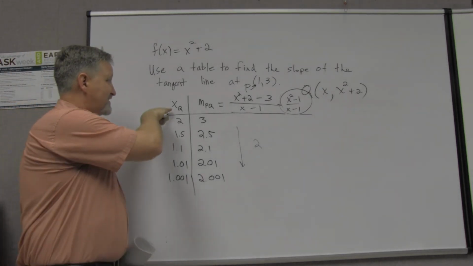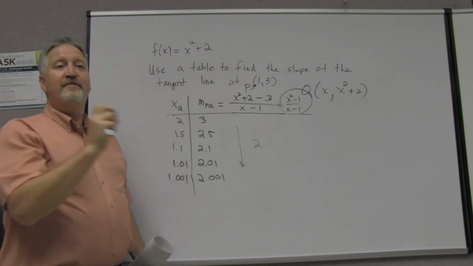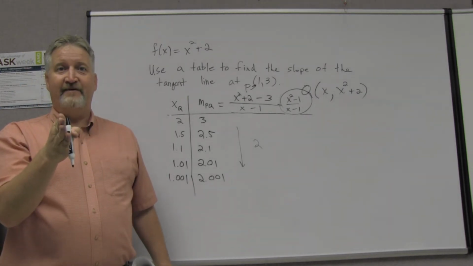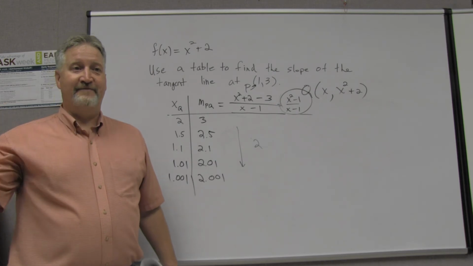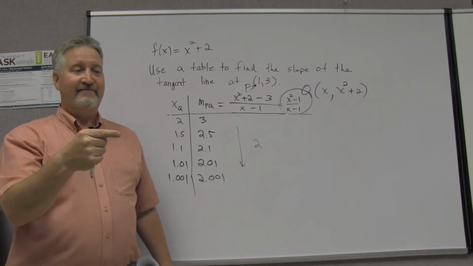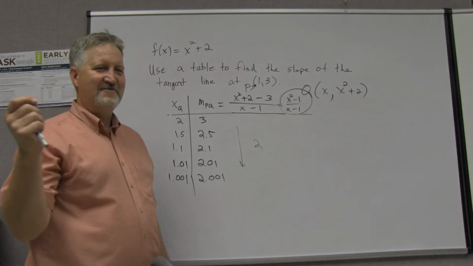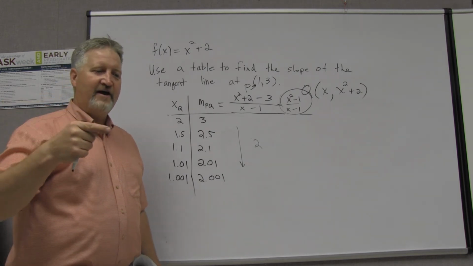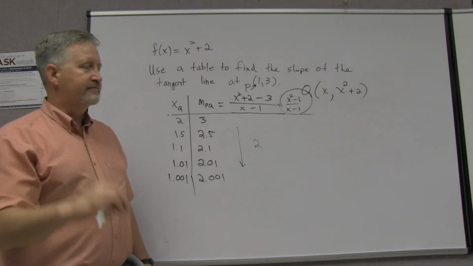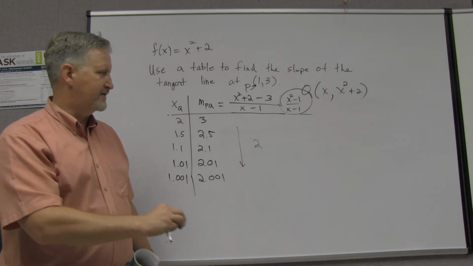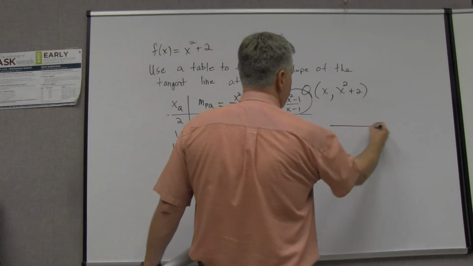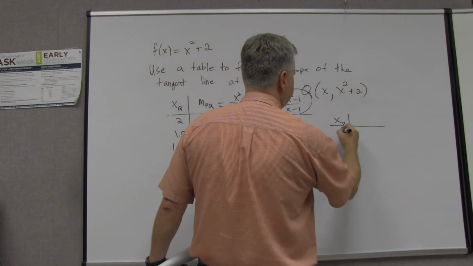This is as x gets closer and closer to 1, but from the right. What else do we need to look at? From the left, correct. So we've got to look at it from the left as well, if we're going to use a table to figure these things out. So let's extend our table here.